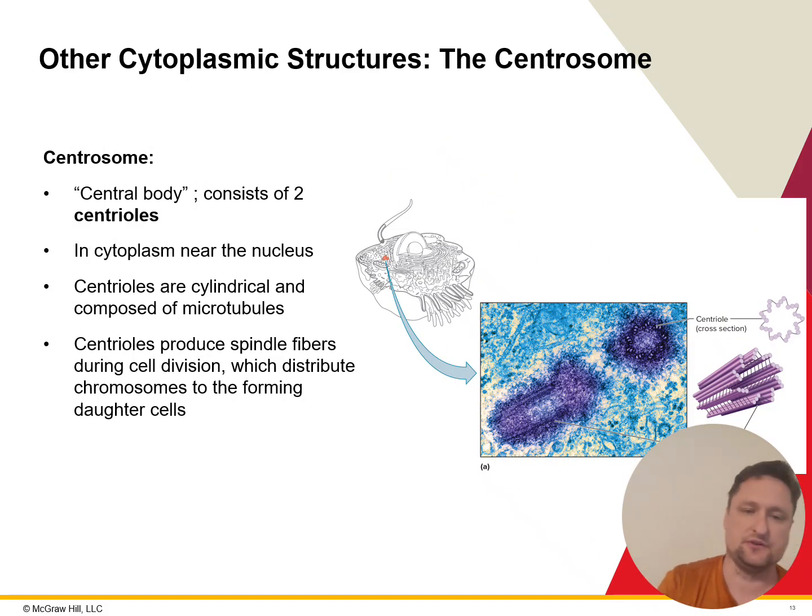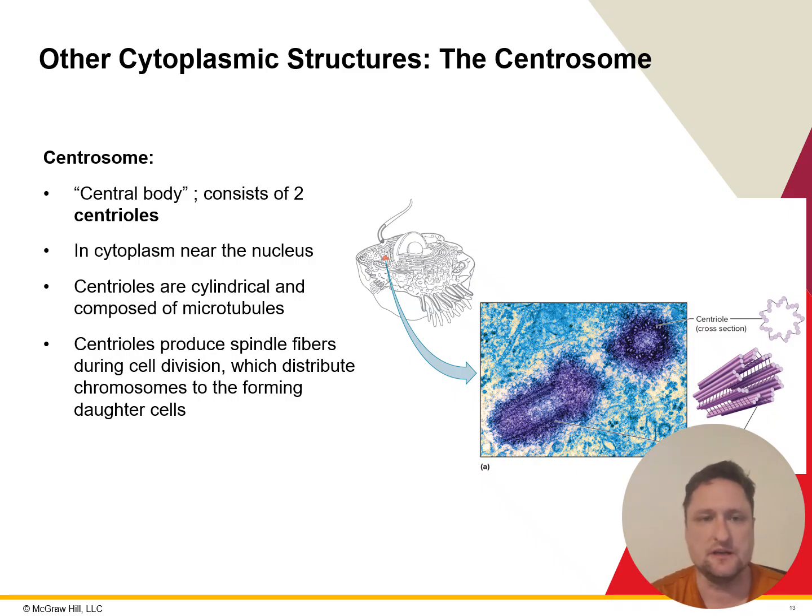All right, the centrosome. The centrosome, which is located near the nucleus, consists of two cylindrical centrioles made of microtubules. These structures are essential during cell division, which we're going to talk about here, I think in a slide or two.